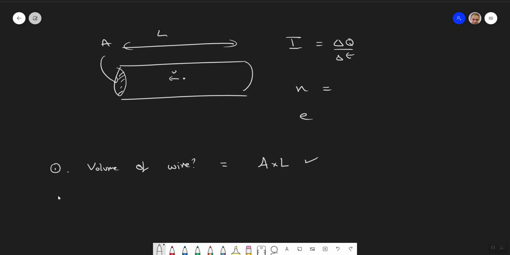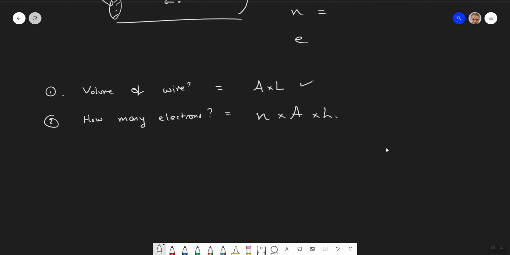So next question is, how many electrons? Well, this number, n, which we'd be able to work out, that's the number of electrons per volume, and this is the volume. So we've got n times A times L.